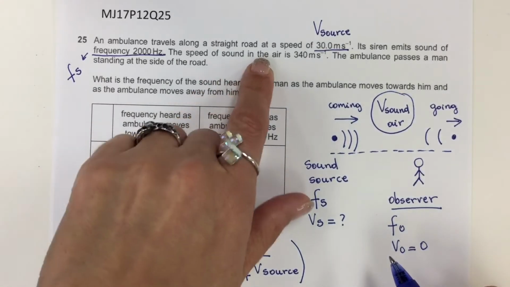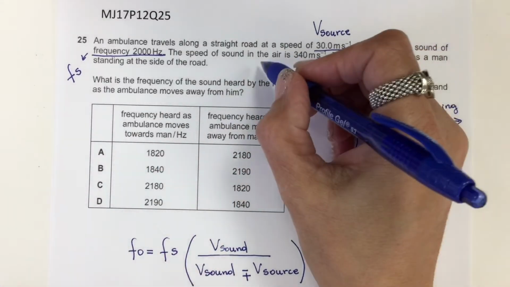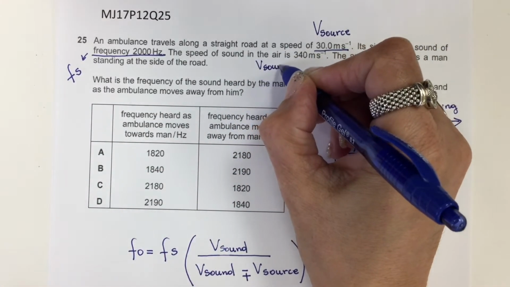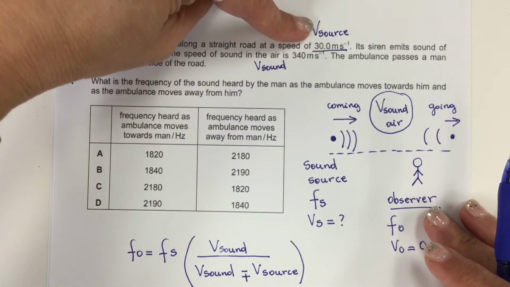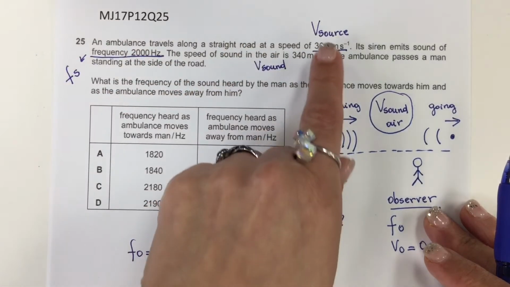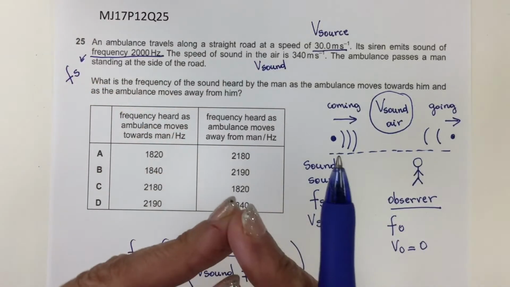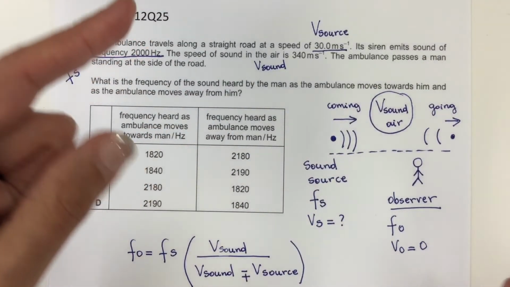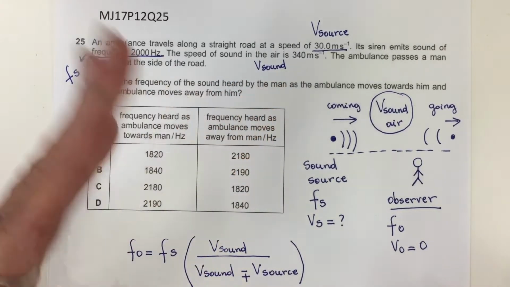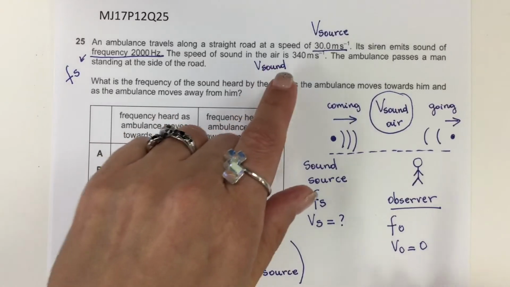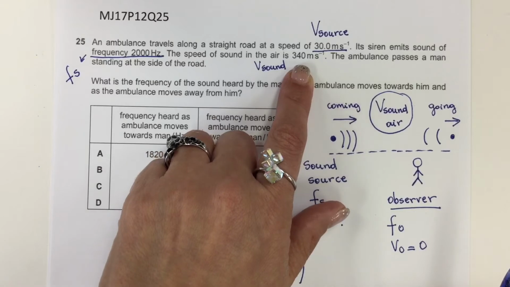The speed of the sound in the air is 340 meters per second, so this is the speed of the sound. I know it's confusing because you have the speed of the source and the speed of the sound. The speed of the source is the speed of the thing that is emitting sound, in this case the ambulance siren. The speed of the sound is how fast it propagates in the medium, in this case the air, so that is 340 meters per second.